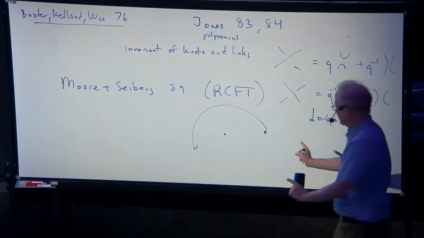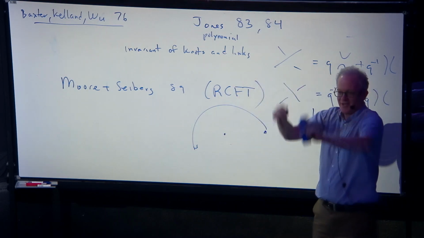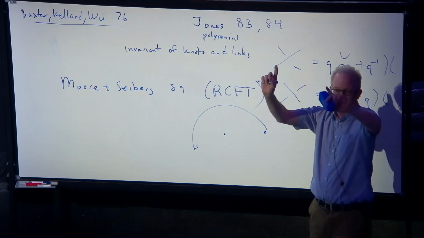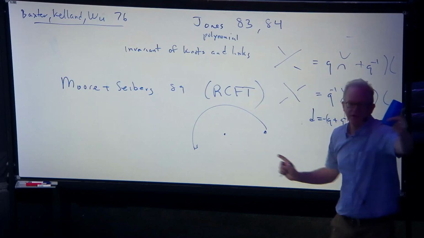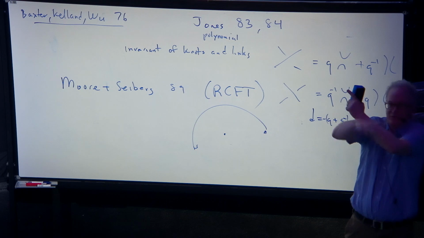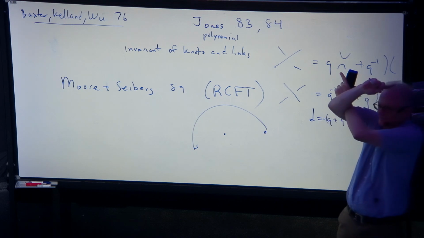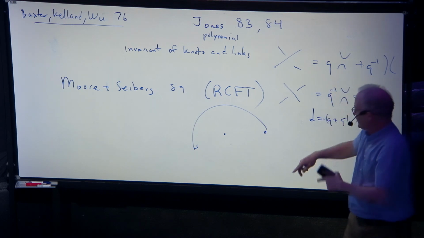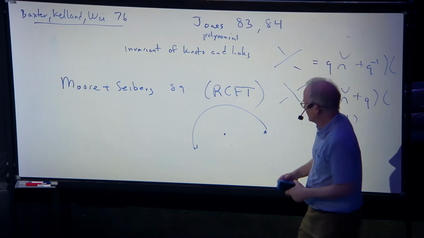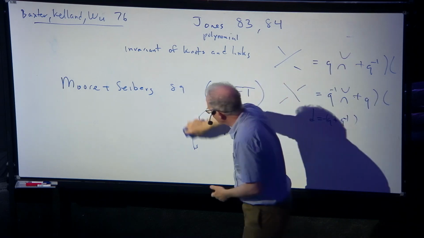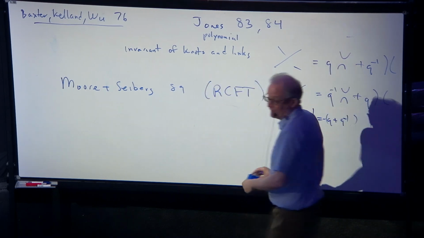If I think of this moving around in time, so this is two-dimensional, but I add another thing, this is exactly like a braid in space, in this extra fictitious time. So all this math, they suddenly recognized, had something to do with rational conformal field theory. So that's a great story.